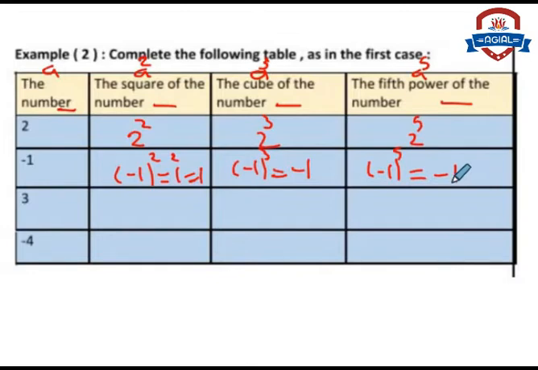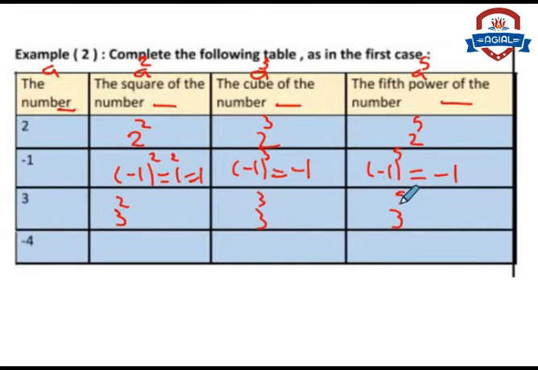Now if we have the number 3, who can get the square of the number? Right, the square of the number 3 equals 3 to the power of 2, the cube of the number 3 equals 3 to the power of 3, and the fifth power of the number 3 is 3 to the power of 5.